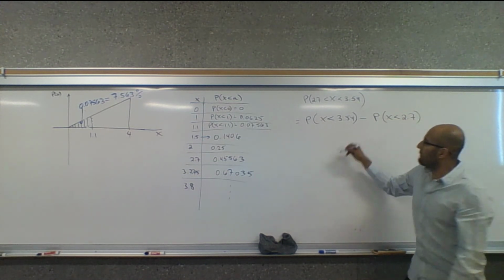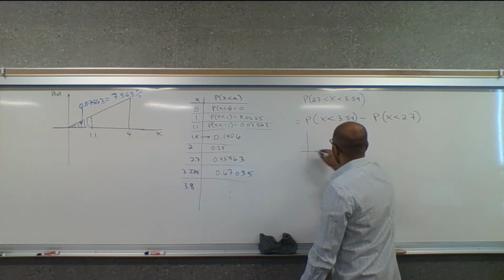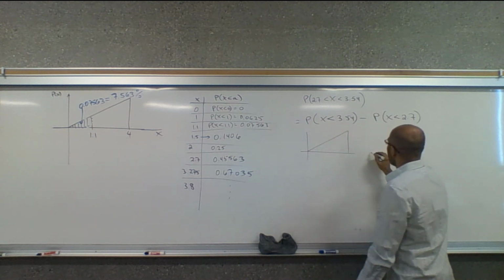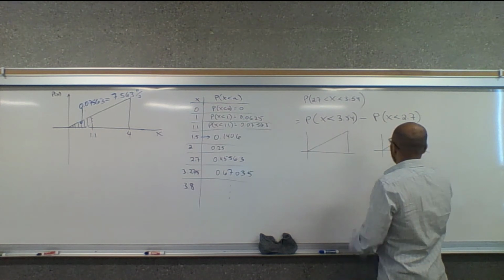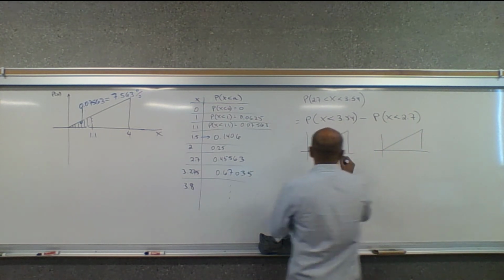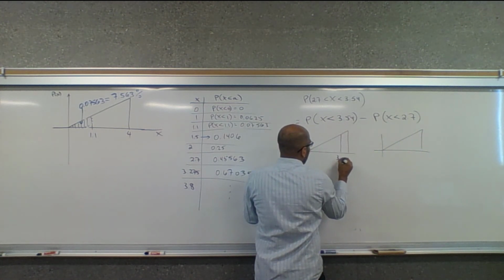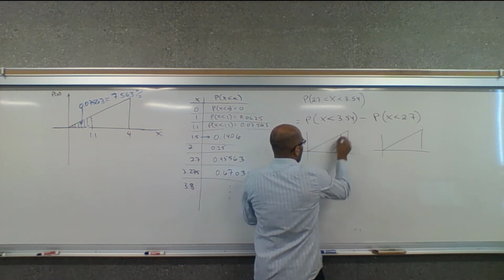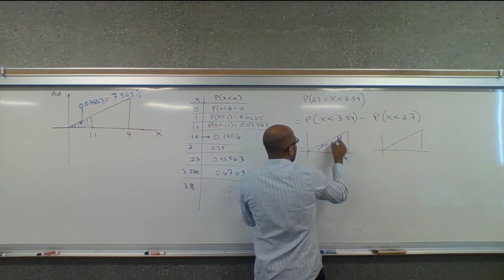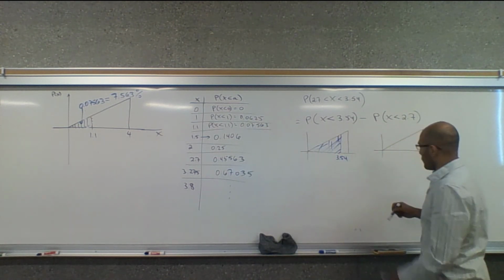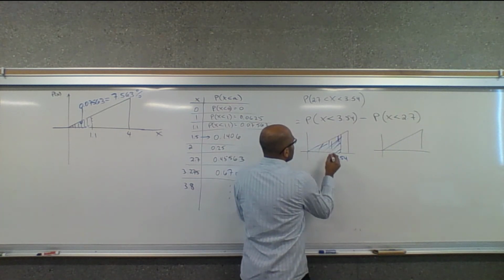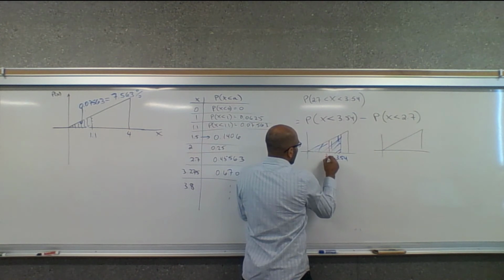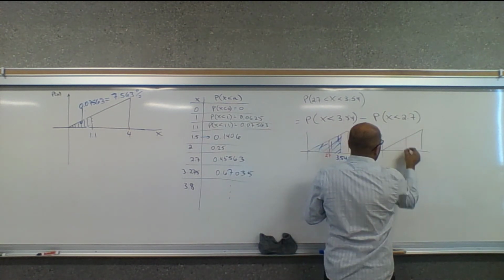So this is going to be like a big triangle where it lands all the way out there, minus, okay, so this is kind of like here, 3.54, it's everything less than 3.54, and then 2.7 is like maybe over here.